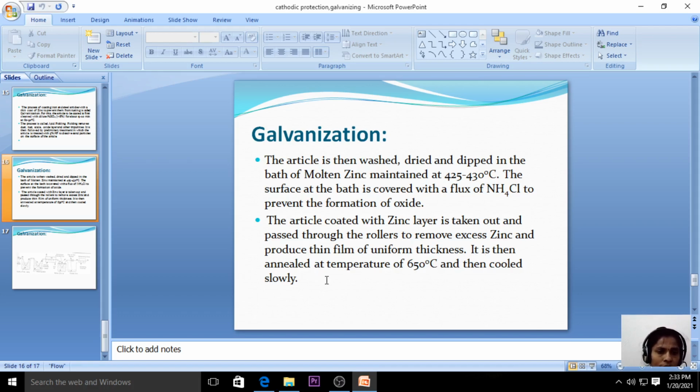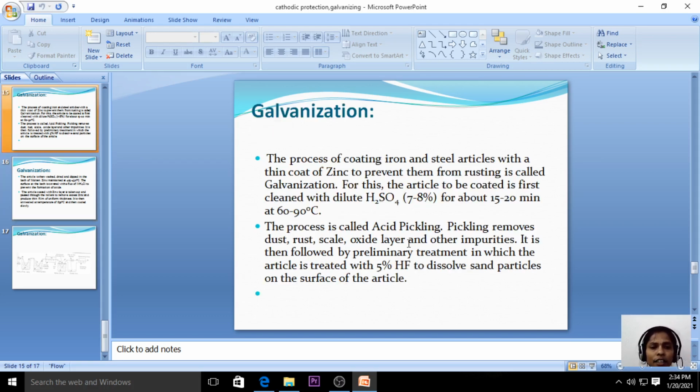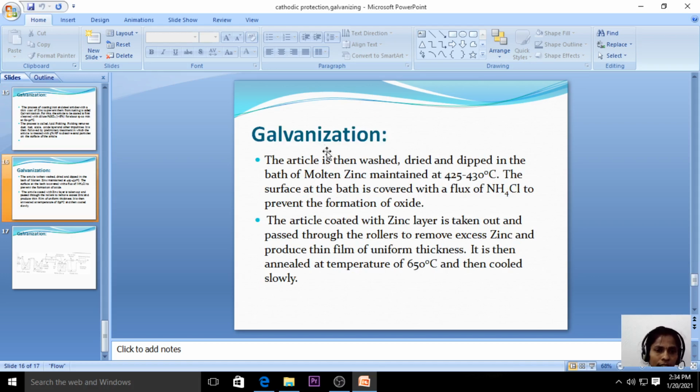When we are slowly cooling at 650 degrees centigrade, the base metal is strongly coated with the coating metal. That means zinc is strongly sticking on the surface of the base metal. That is the galvanization process. So what we have done: initially the base metal is cleaned with sulfuric acid, then washed with hydrofluoric acid, cleaned with water, dried and dipped in the molten solution of zinc at 425 to 430 degrees centigrade, and this zinc container is covered with ammonium chloride flux to prevent further oxidation.